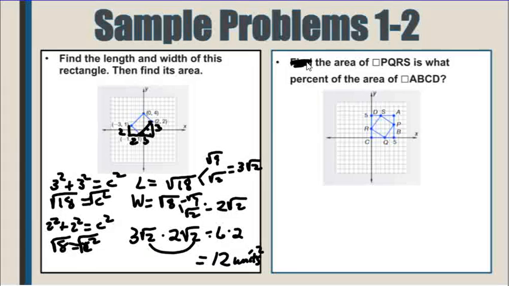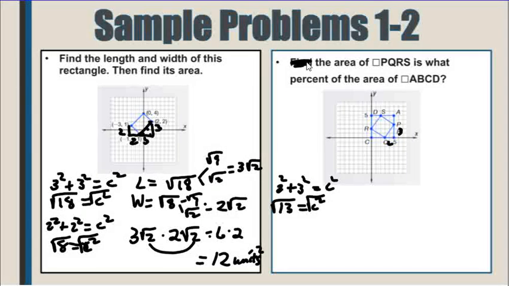So we can use the Pythagorean theorem to find the smaller one. And so this bottom is 2, this top one, 1, 2, 3 is 3. So we got 2 squared plus 3 squared equals c squared. So 4 plus 9 will be 13. Find the square root of that, so that would be the square root of 13.